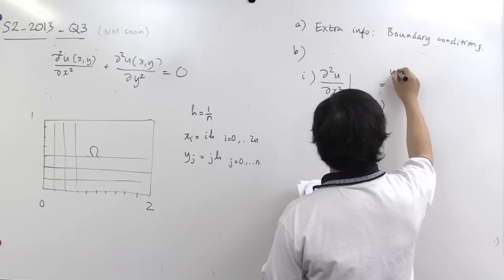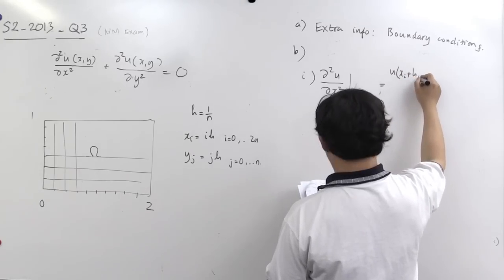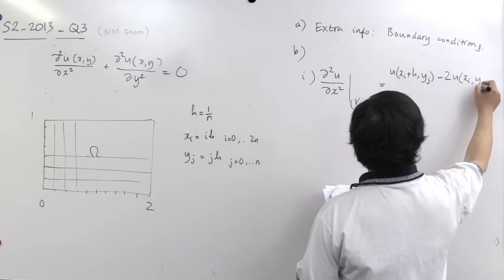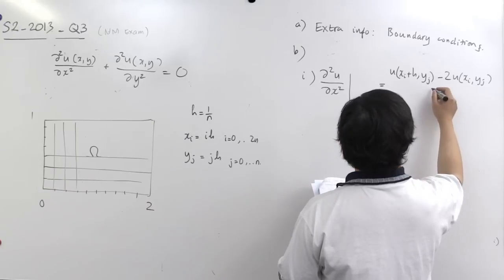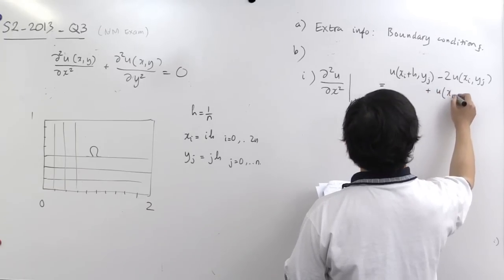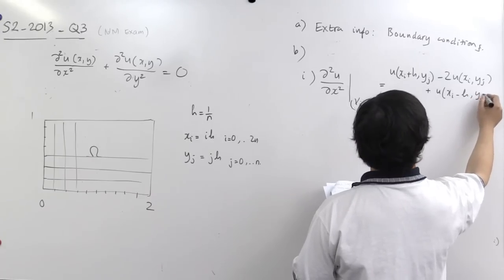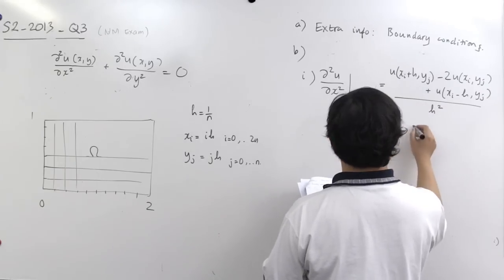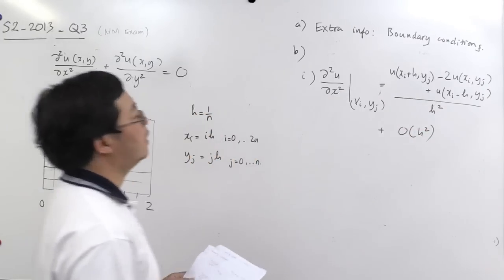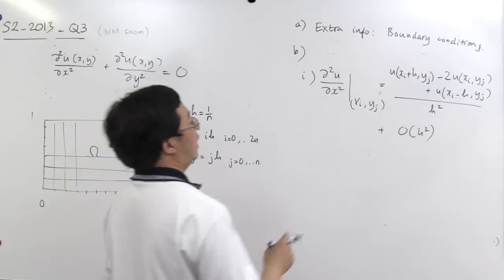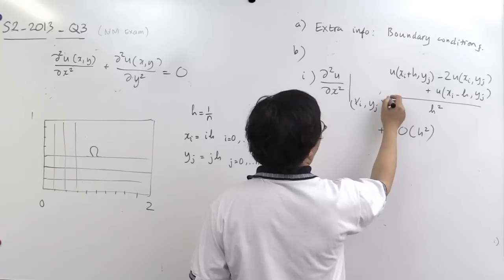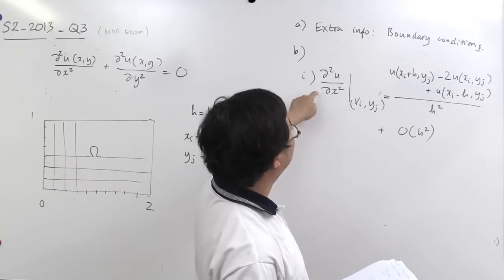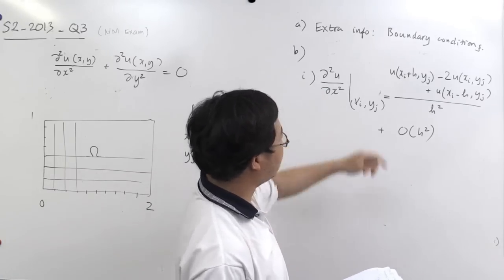It's just u at xi plus h, yj, minus 2u xi yj, plus u xi minus h, yj, and everything divided by h squared, plus O(h squared). So that is the central difference approximation for the second derivative with respect to x at xi yj.